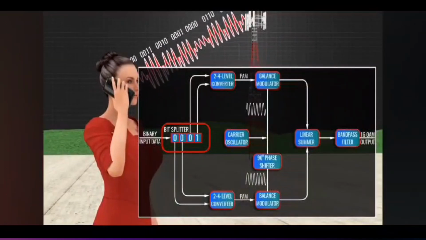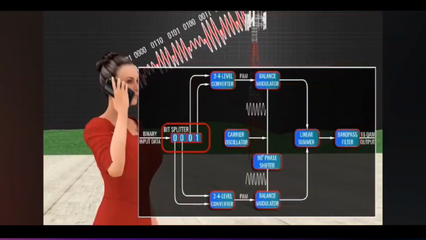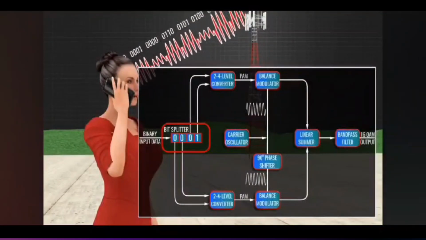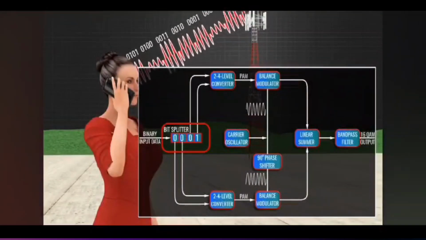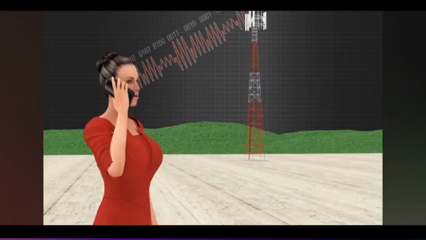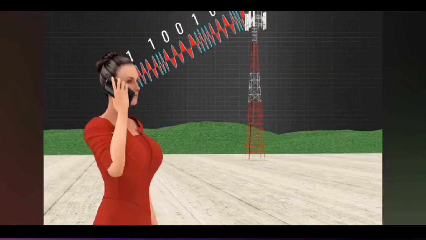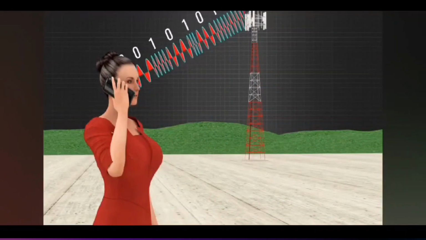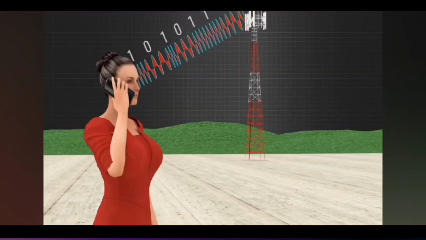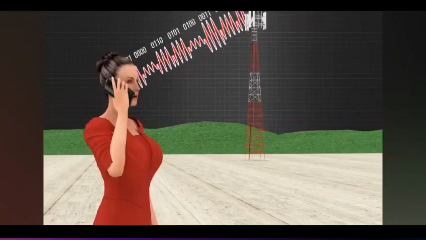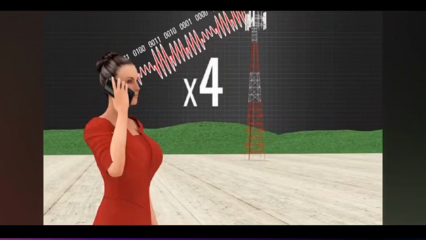As we have seen in this modulation, two carrier signals that are out of phase by 90 degrees are used. Hence the word quadrature is used to refer to this technique. Thus, 16 QAM increases the data transfer speed by 4 times.